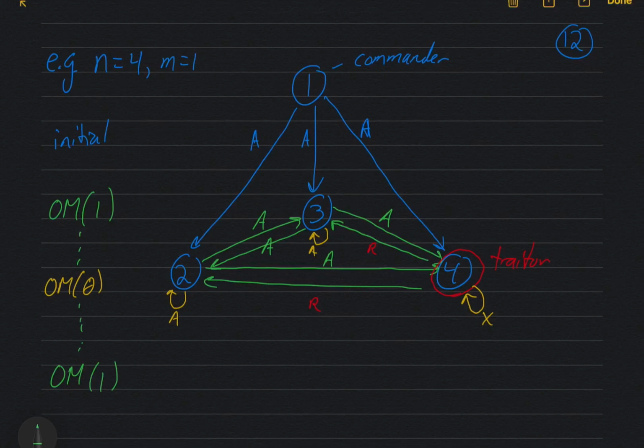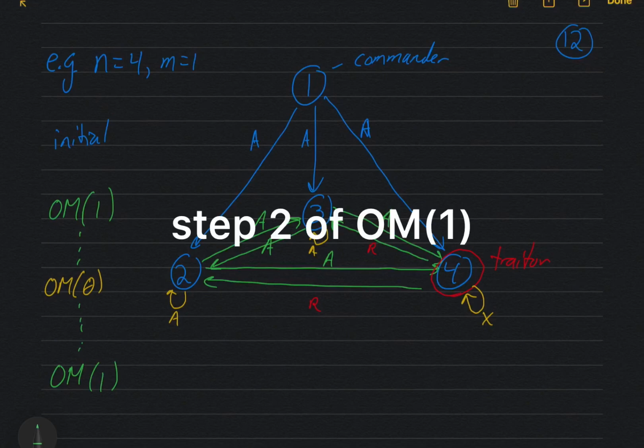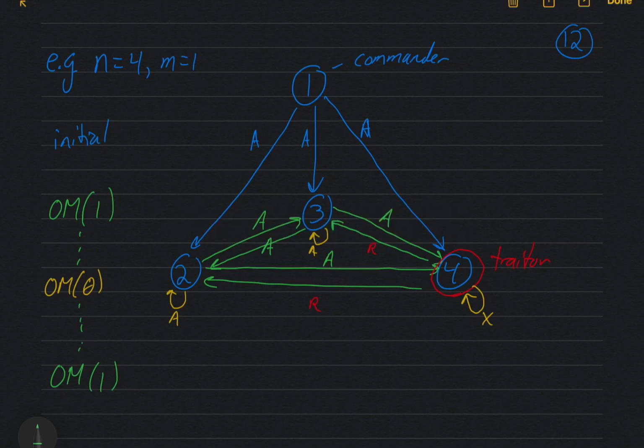So in step 1 up above, Lieutenant 2 sent out 2 values. It also received 2 values. There's 2 arrows going to it from 3 and 4 with an A and an R. And so what it needs to do in step 3 is take the majority value that it's received.